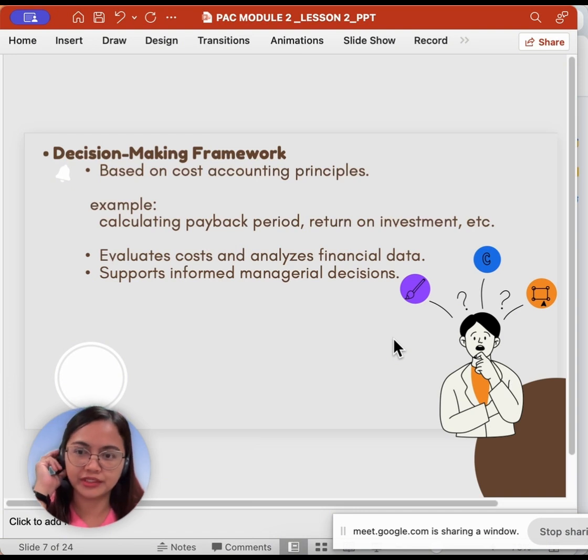The decision-making framework evaluates the cost and analyzes financial data. It also supports informed managerial decisions, because once you have data like payback period, whether it has been paid back, or ROI, return on investment, what percentage your ROI is, and so on.